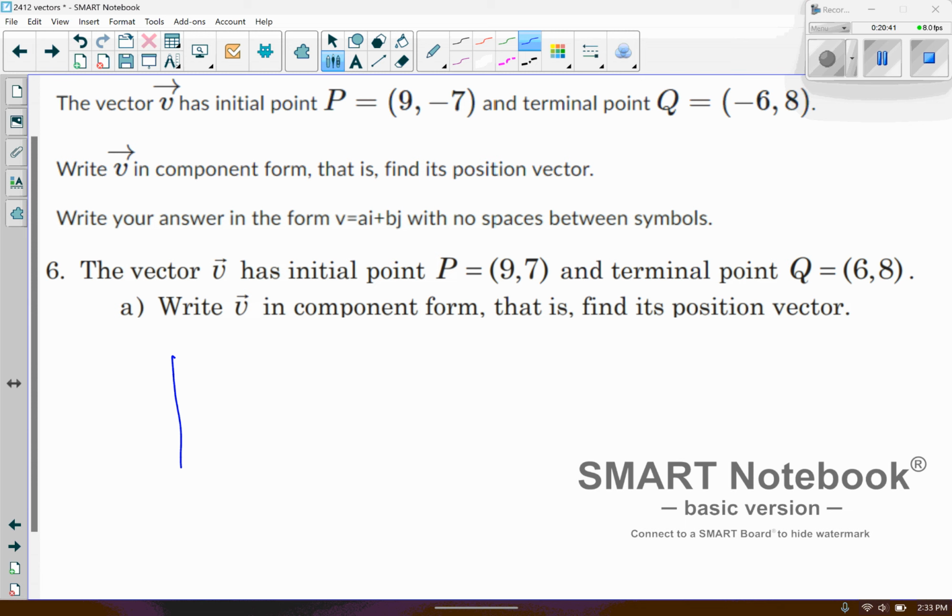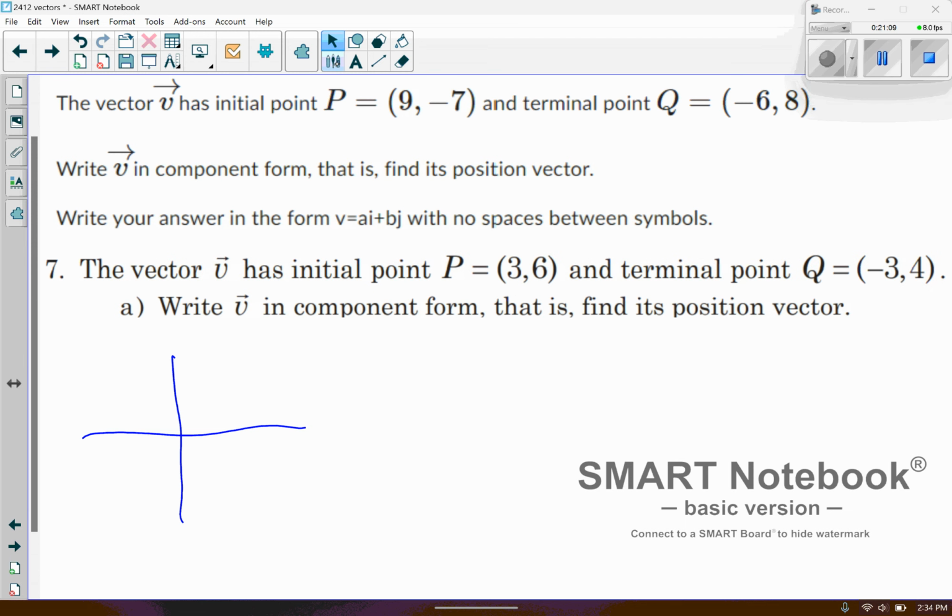And once again, drawing a picture can sometimes help give students a little bit better understanding. So let's see, my initial point is over 9 down 7, so there's a rough sketch. So about right here, I'm at 9, 7, and then my terminal point is over, oh, I'm sorry, I went in the wrong direction. Actually, you know what? Hold on one sec.